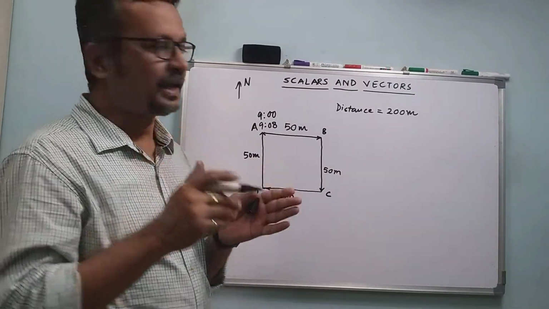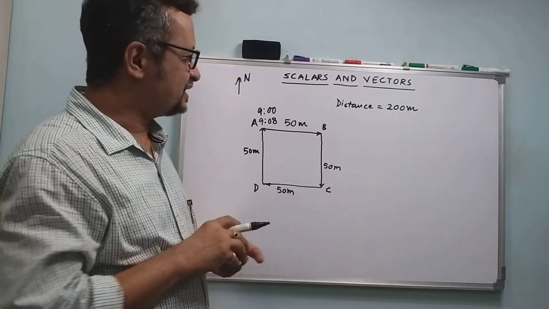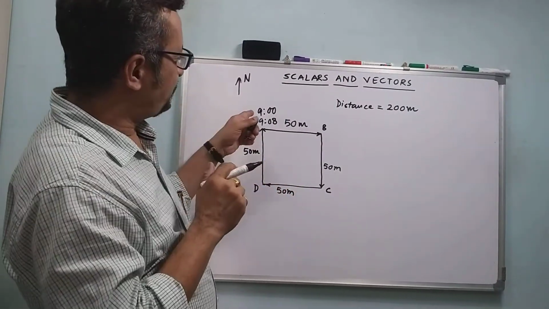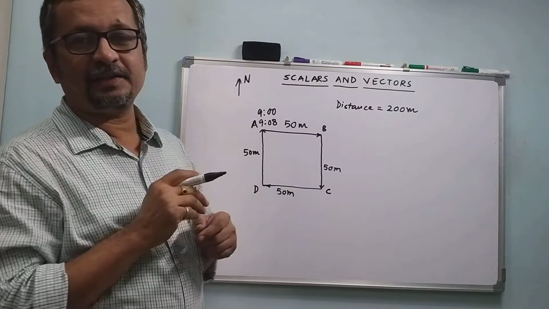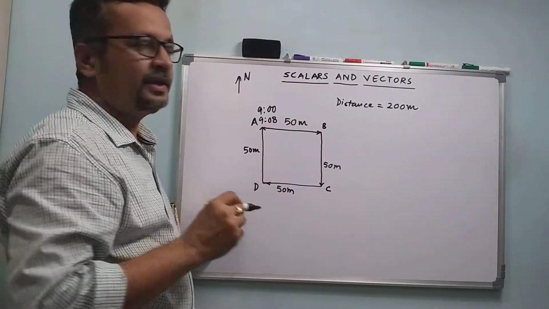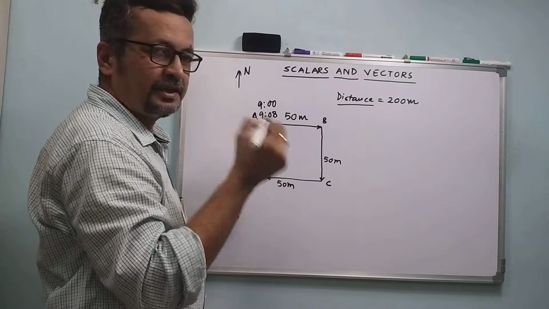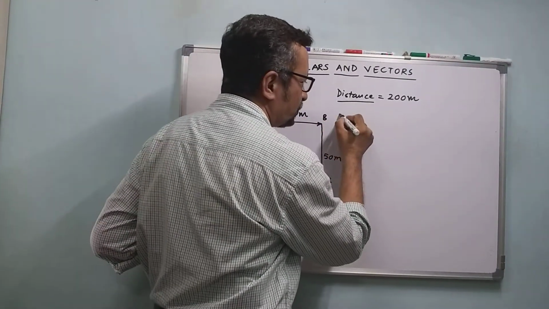Can he believe that I have walked 200 meter? The answer is no. But then someone who is watching me from 9 o'clock to 9:08, he knows that I have walked a distance of 200 meter. So my distance covered is 200 meter, but my displacement is 0.